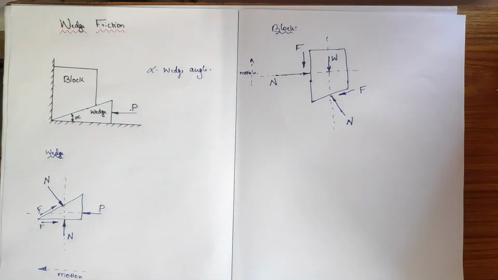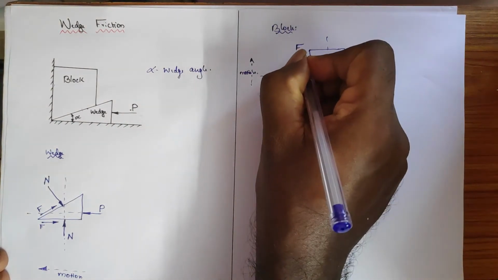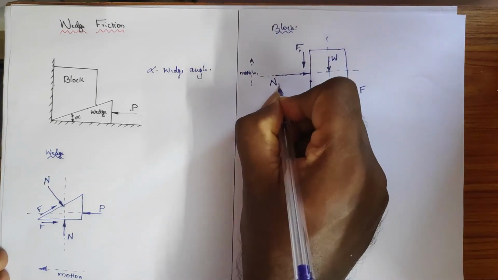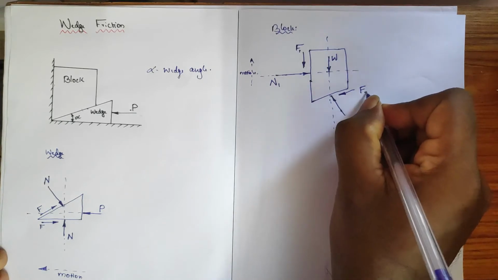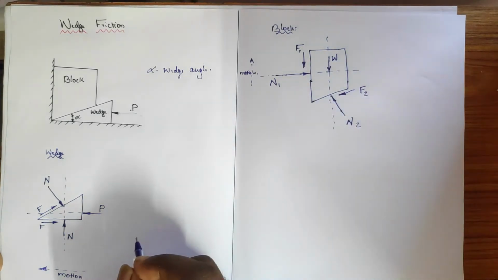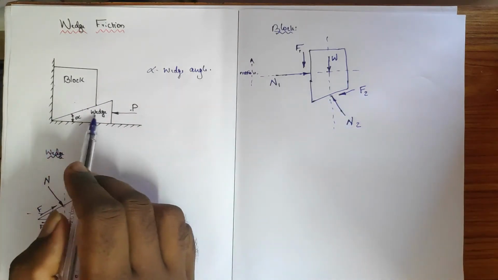Okay, so now when you are analyzing, a lot of friction and normal reactions are there. In order to specify each one, we can give namings. I am going to start with this one, F1, N1, then this one is F2, N2, and this is the region between block and wedge.